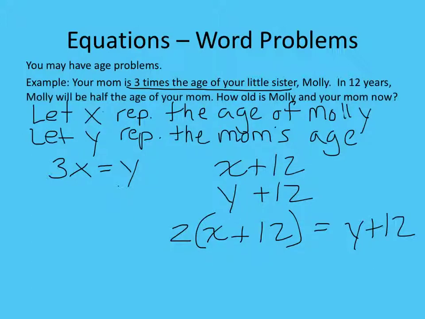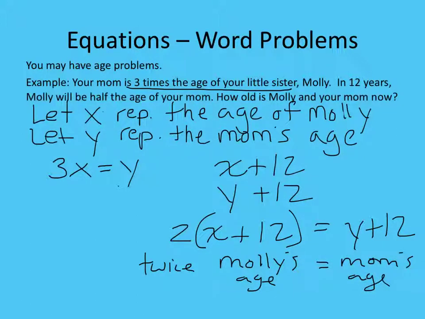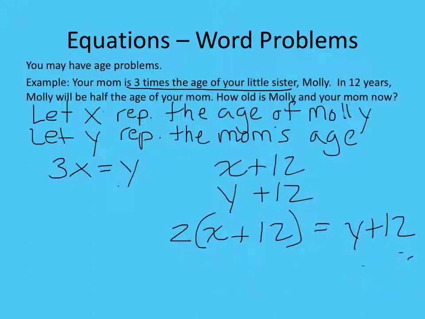So here's twice Molly's age in 12 years equals the mom's age in 12 years. This has two variables, which I can't solve, but I do know this relationship.